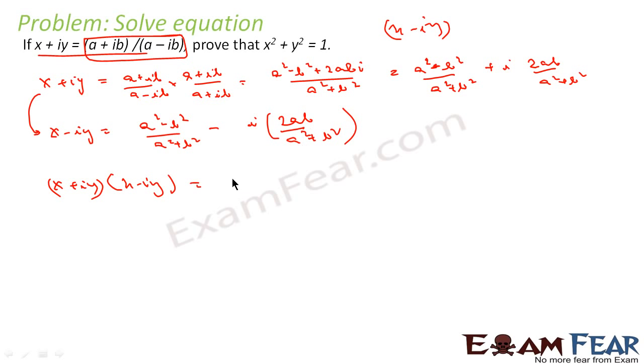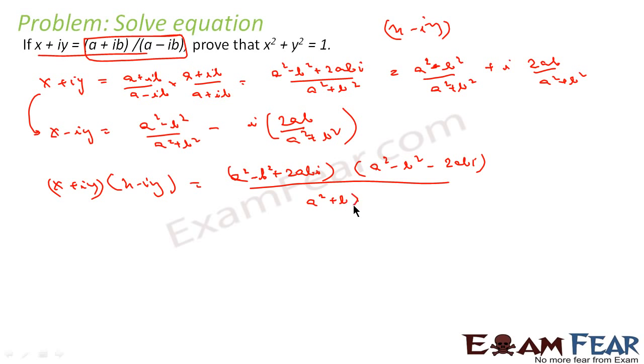We'll multiply these two, so we'll get what? a square minus b square plus 2abi into a square minus b square minus 2abi, and this is a square plus b square whole square, and this side is equal to x square plus y square.